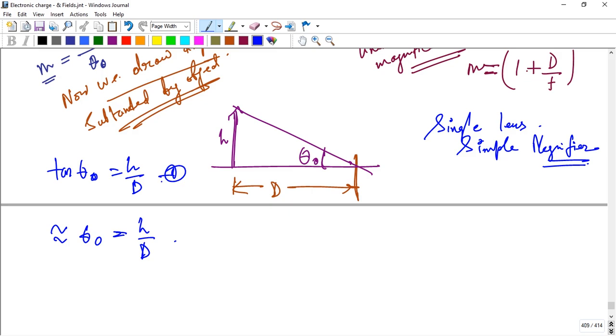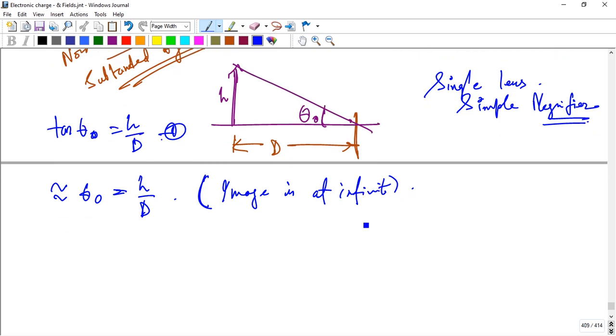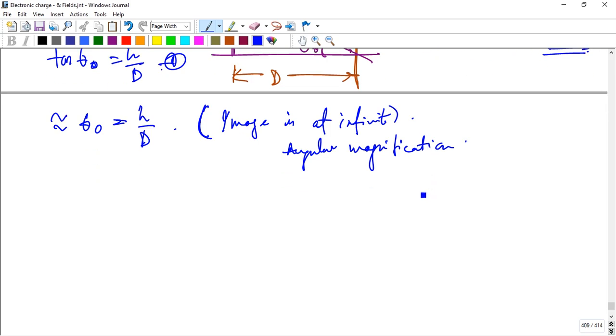When the image is at infinity, we get angular magnification. Image at infinity means that the convex lens is a single lens magnifier, so place the object at focus.